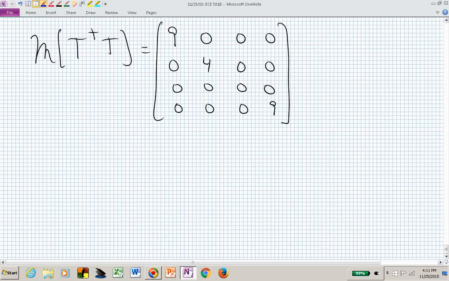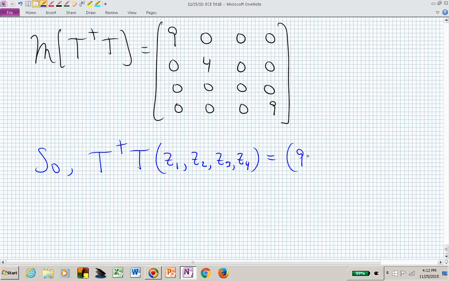That now allows us to also write down what this linear operator is. The matrix representation is scaling the appropriate components. We now have 9 times Z1, 4 times Z2, nothing, and then 9 times Z4.